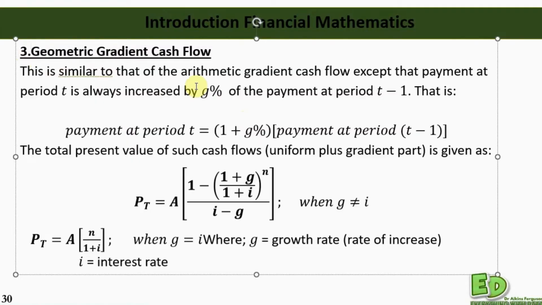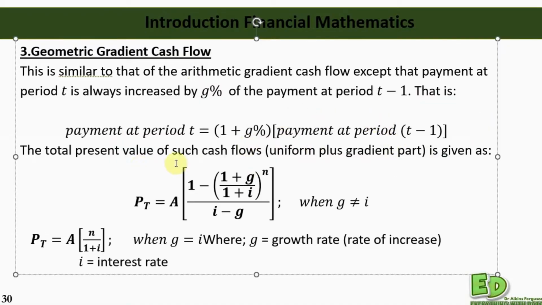That is, the payment at period T is 1 plus the growth rate, multiplying the payment at period T minus 1.